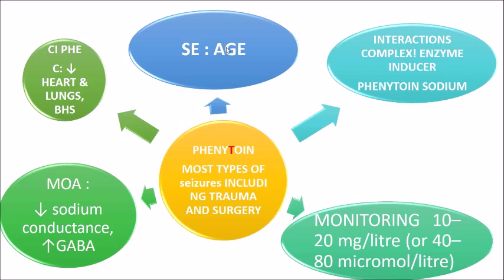The A stands for appearance. Phenytoin causes acne, hair growth, coarsening of facial appearance, skin rash, and all side effects associated with appearance. And also in toxicity, it causes nystagmus. The G stands for GI, so it causes vomiting, constipation, nausea.